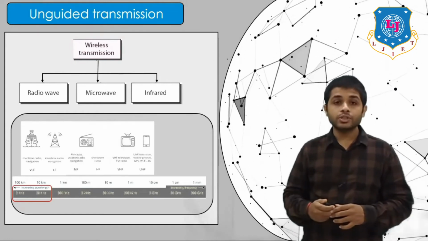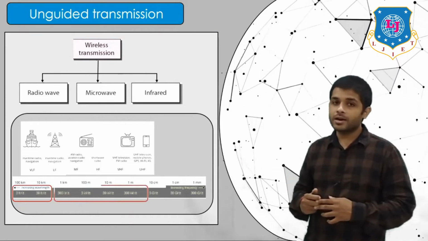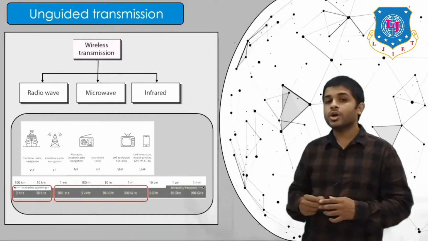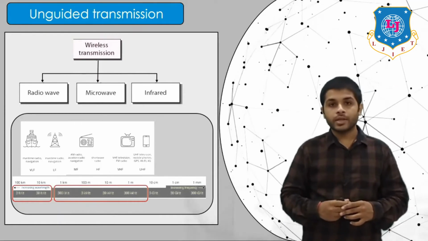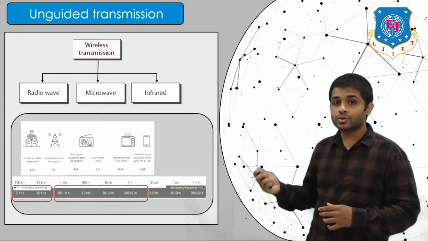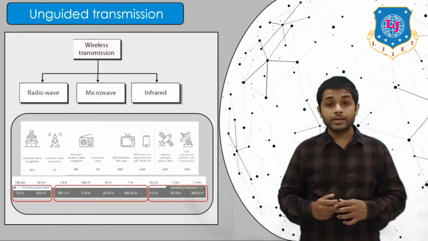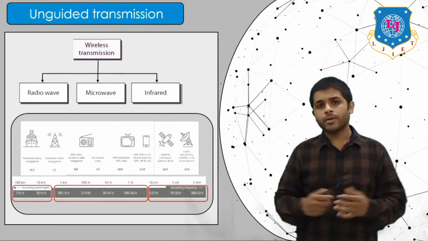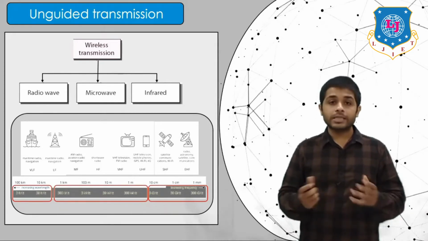After that, the range of 300 kilohertz to 300 megahertz is for the communication of television, radio, and the mobile phone. And after that, 3 gigahertz to 300 gigahertz is for the communication of satellite, which is for microwave. Let's discuss all these types in detail.